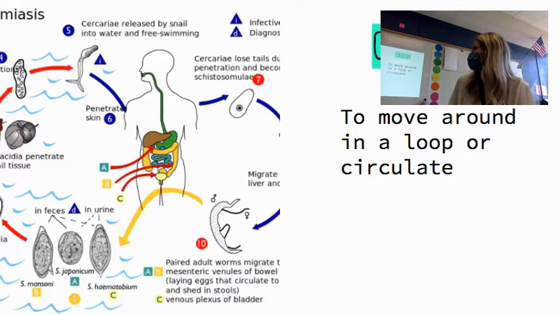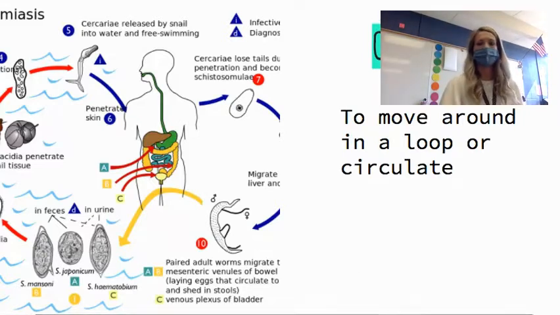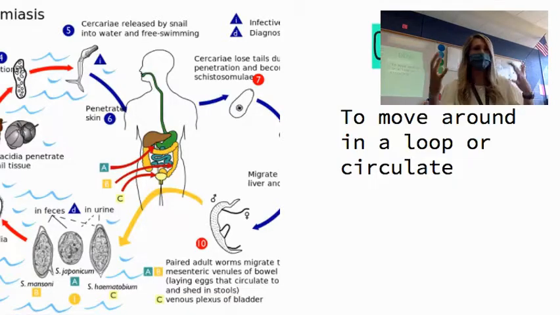Our next one is going to be circulate. What is our word? Circulate. Circulate just means to move around in a loop or a circle, which makes sense because in the word circulate, what word do you start to hear or see? Haley, what do you hear or see? Circle. Okay, we're going to do a little glitch.